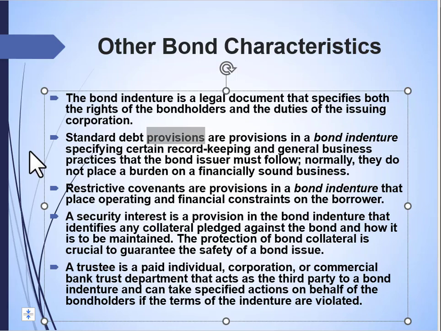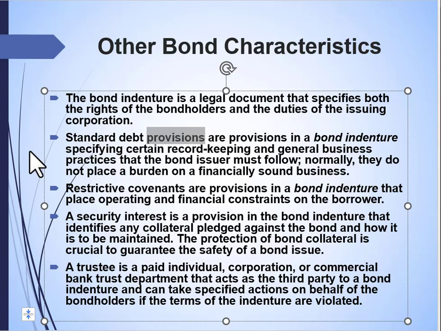Now, restrictive covenants are provisions that are placed in addition to these standard debt provisions. For instance, if the company is in some trouble financially, they still may want to borrow money, but the lenders might say, we're going to restrict how much money you can pay out in dividends.